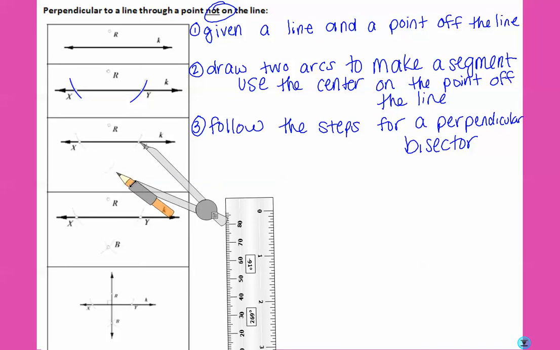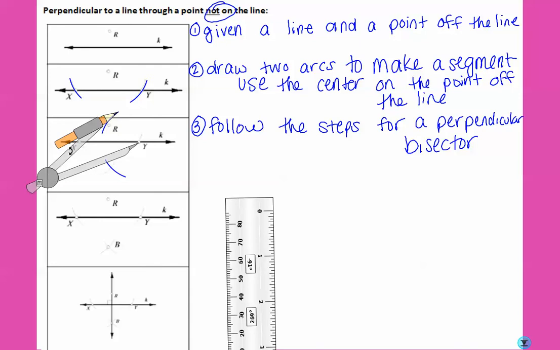Draw an arc. Ooh, I still have the right distance. Now, we don't have to draw the arcs above this time because we have that dot there to help us. So I'm going to draw an arc below. If you want, you can also draw it above. It should go through your dot, your point, or right above it.